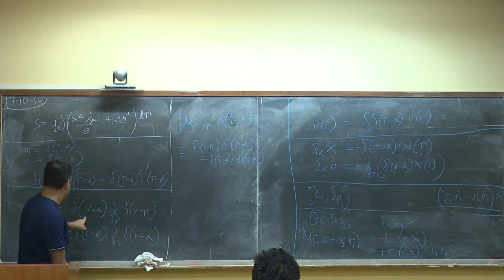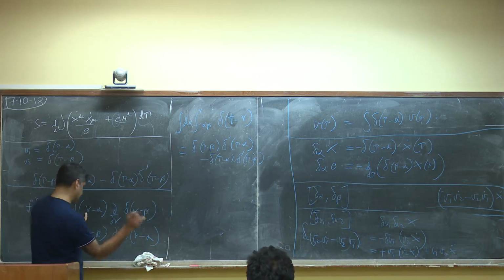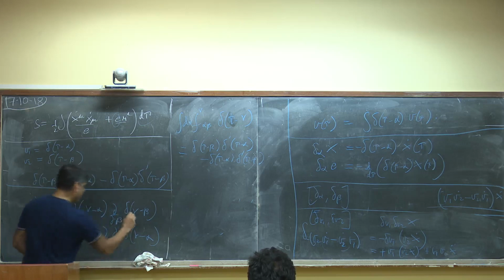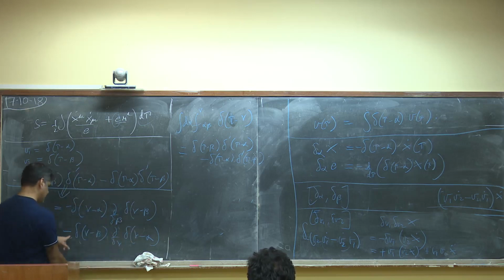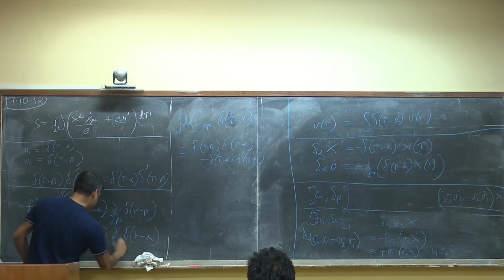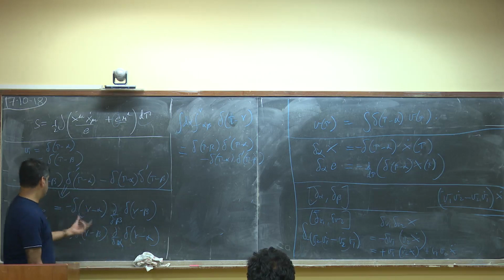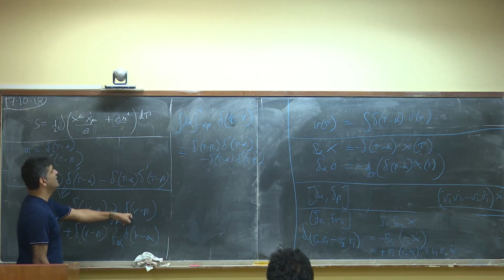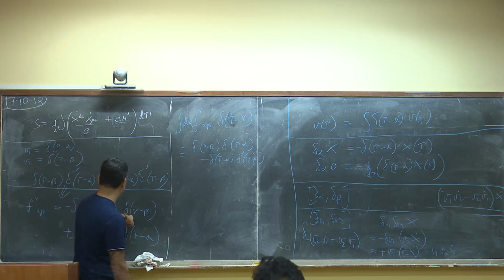Sorry. Yeah. As Indranil said, what we will do is make this beta, and this was tau. This was gamma. So we'll make this alpha. Now we do the integral. So this becomes d by d beta of delta of this.